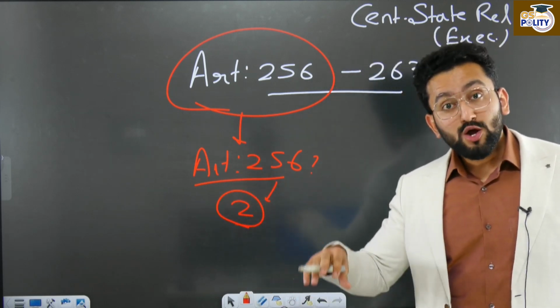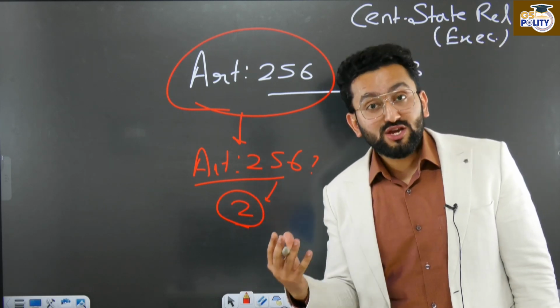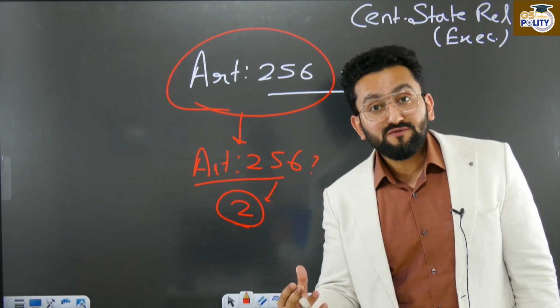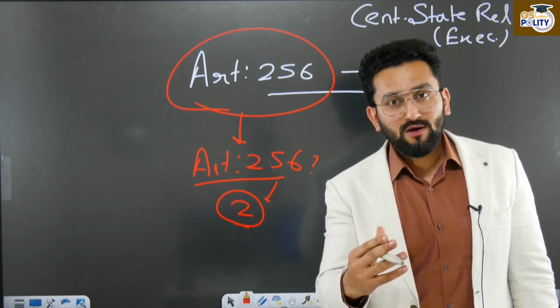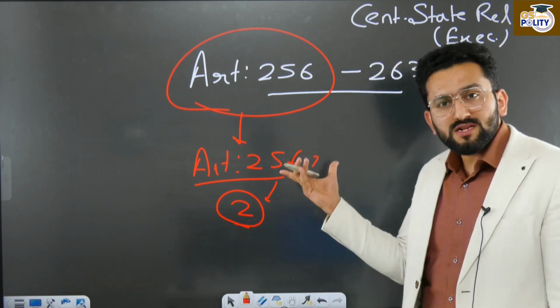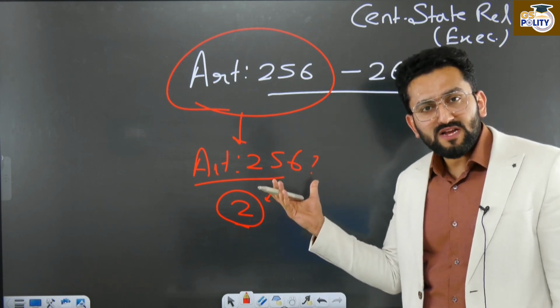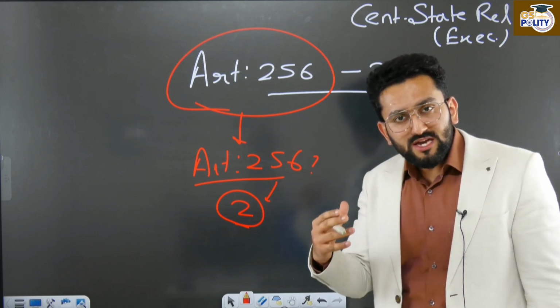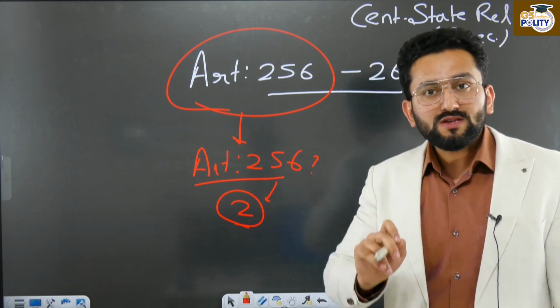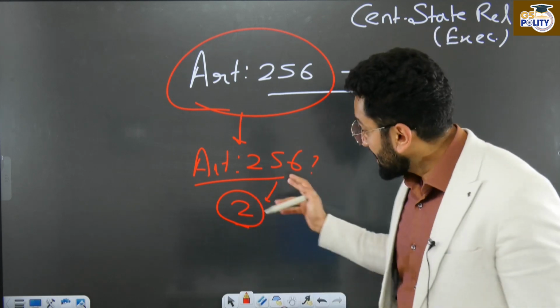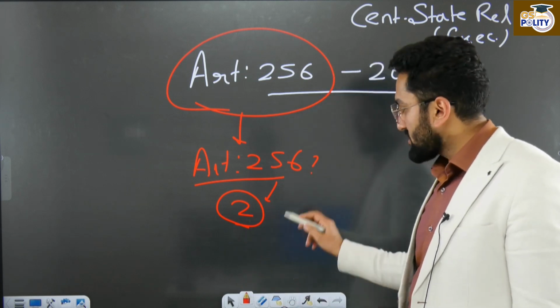Means state, while exercising its executive power, cannot contravene central law. So it means opening article of executive aspect of center-state relation gives primacy to center, that state, you cannot do this.